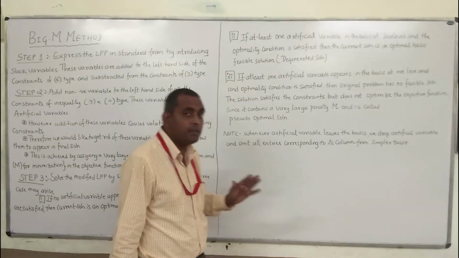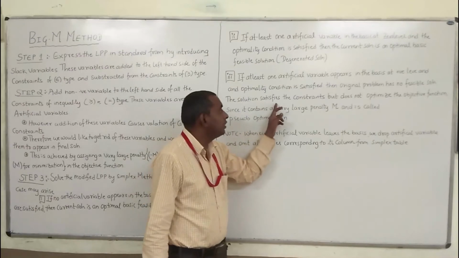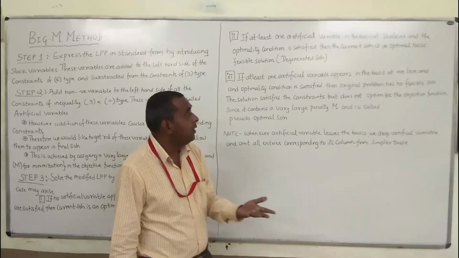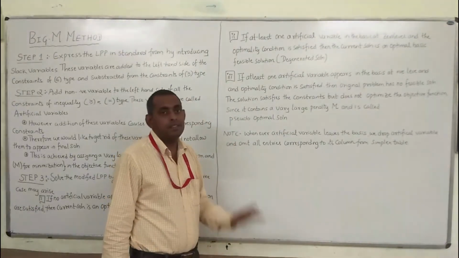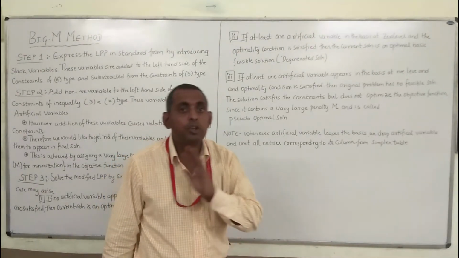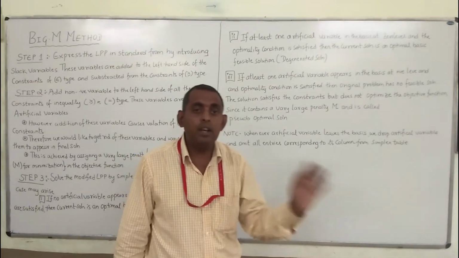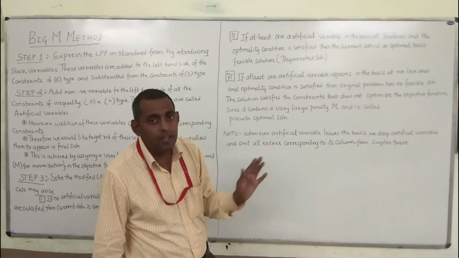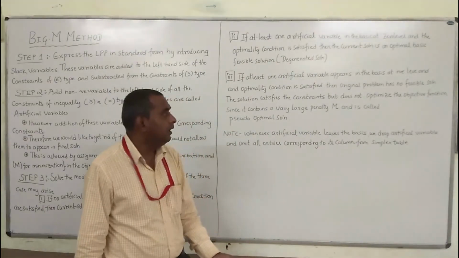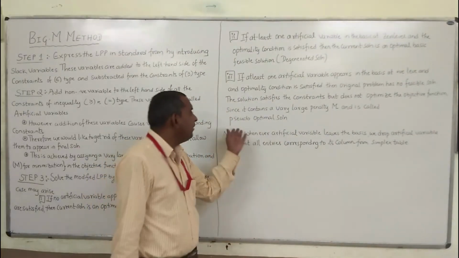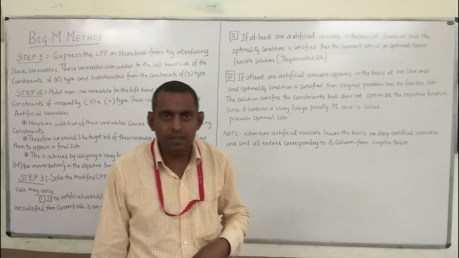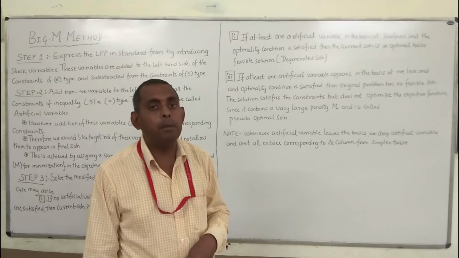The solution satisfies the constraints but does not optimize the objective function. Since a very large penalty M remains in the basis, it is called a pseudo-optimal solution.